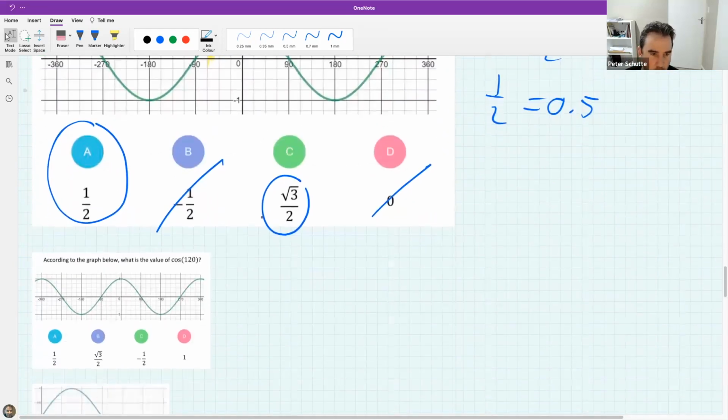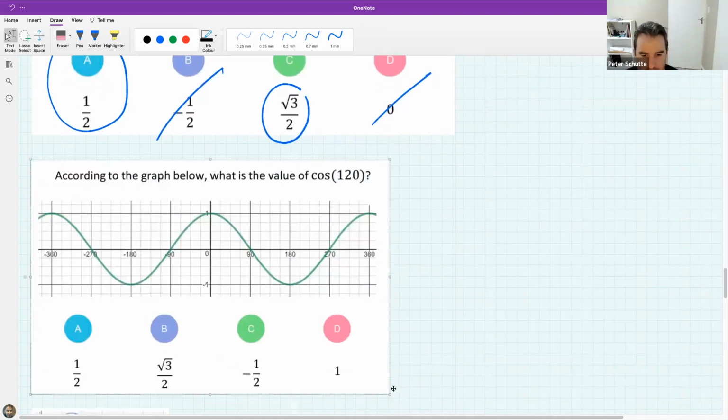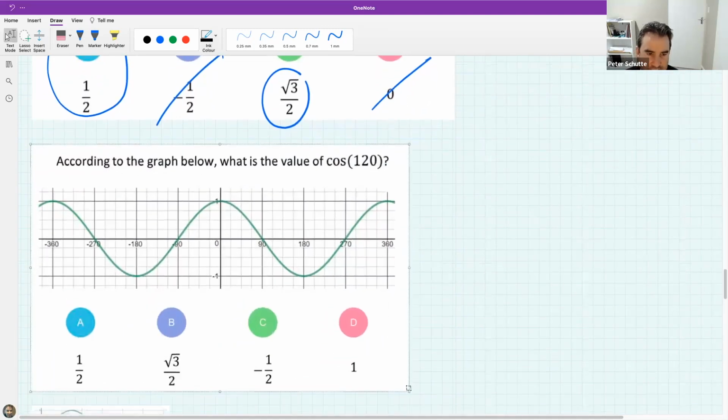Well done. What about the value? What is the cos of 120 using this graph?